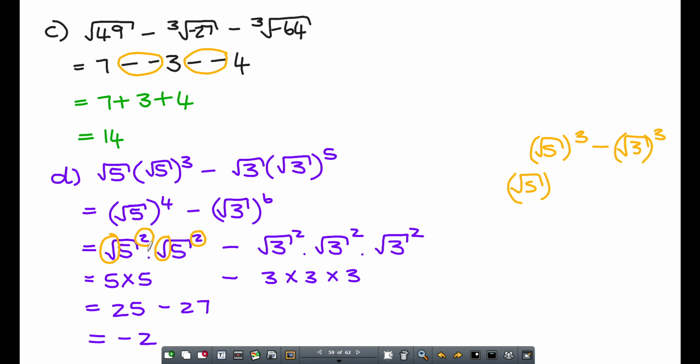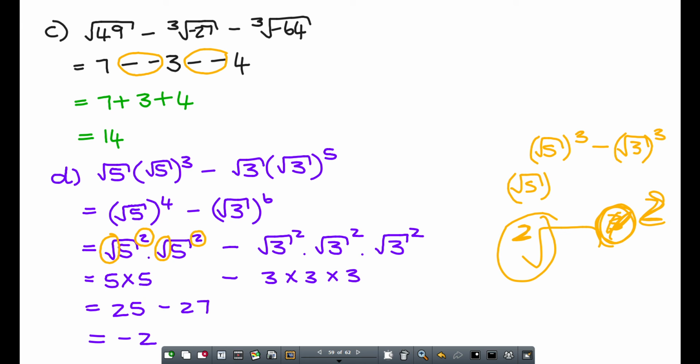If it was to the power 3, remember that can't cancel out with a square root. If you wanted to cancel out, it would have to be a cube root. That's why I make pairs of 2, so that I can cancel out this 2 with that little square root. 2 to the power 3, you just leave it like that.